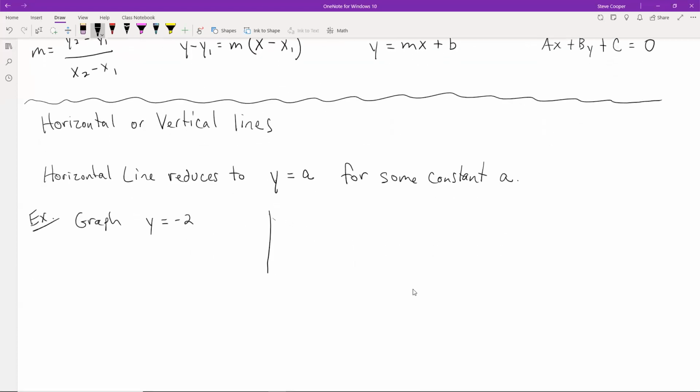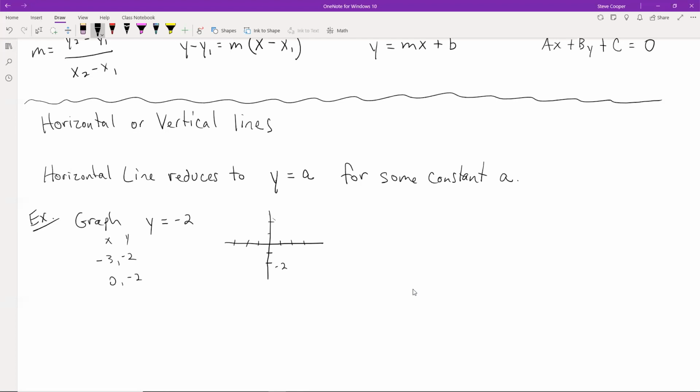Okay, so if this is my coordinate system, this says no matter what x is, y equals -2. So if x is -3, then y is -2. If x is 0, y is still -2.